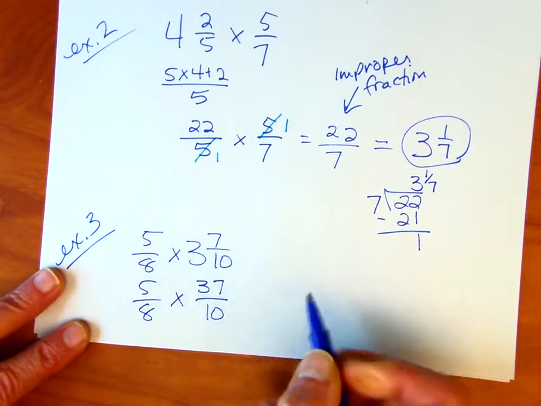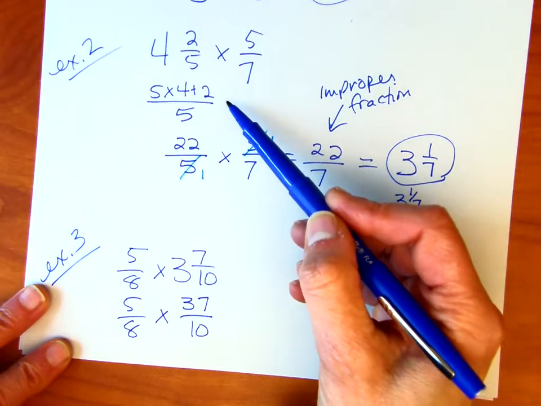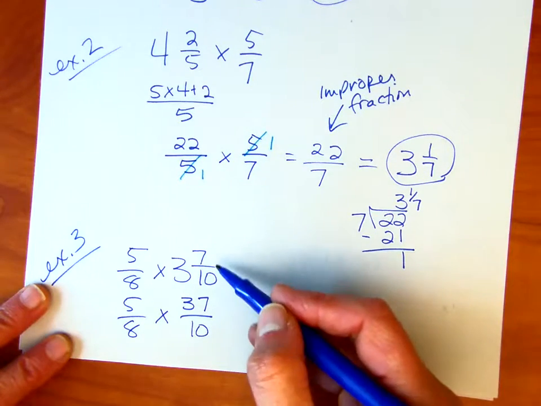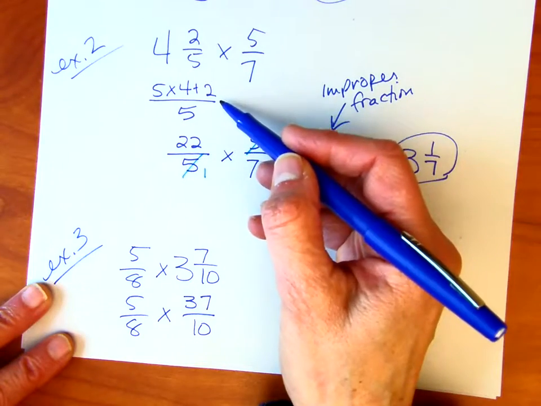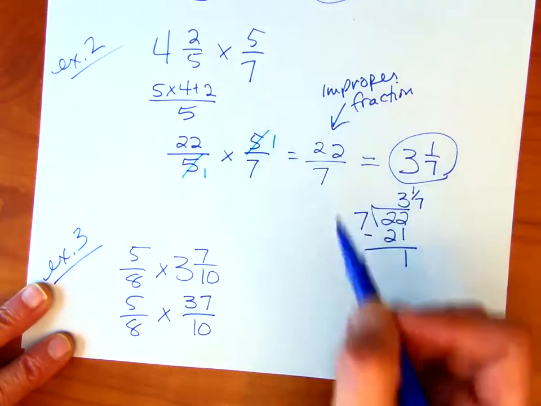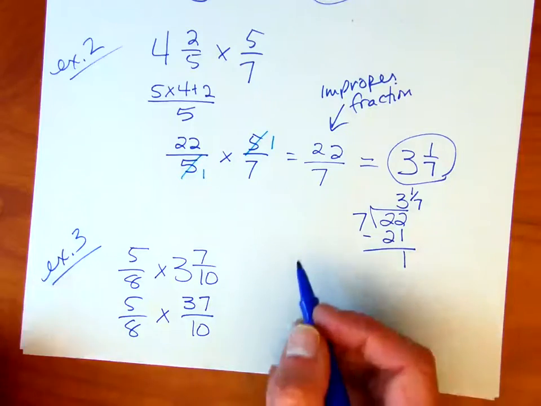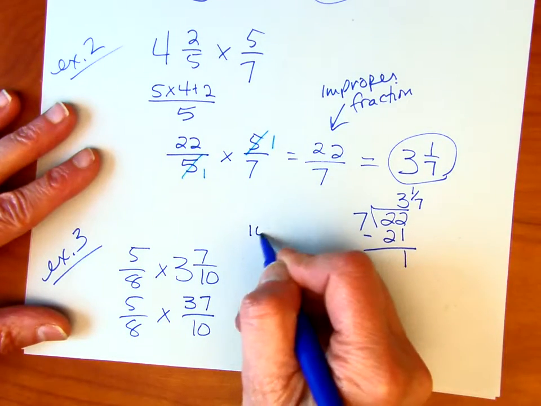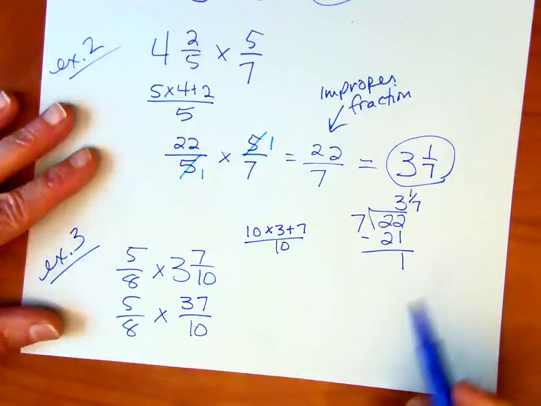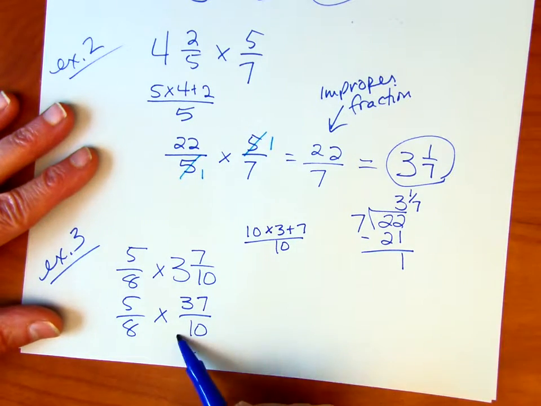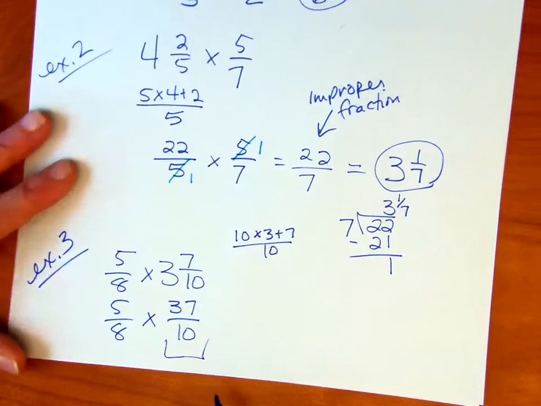Now notice I didn't write it out like I did here. If you can do some of the math in your head and skip that step, that's okay. But if you feel more comfortable writing it out, in this case it would be 10 times 3 plus 7 over 10, and then come to this fraction here. That would be fine too.